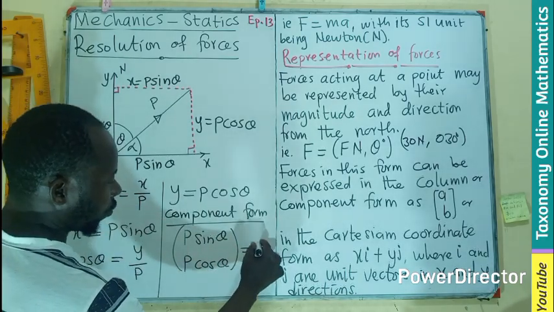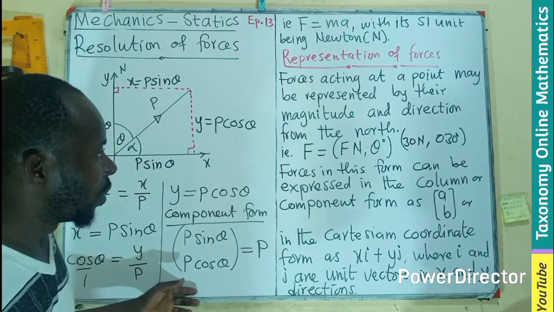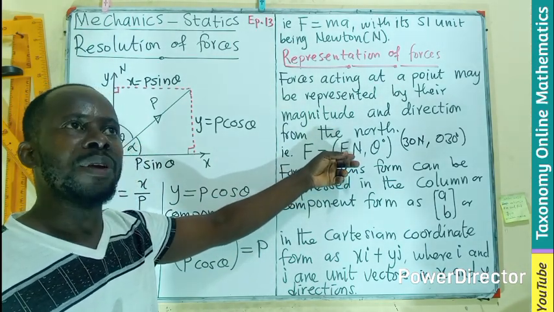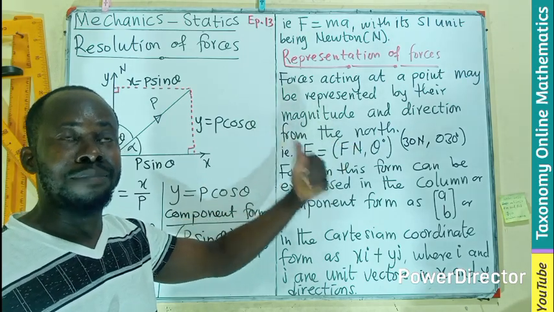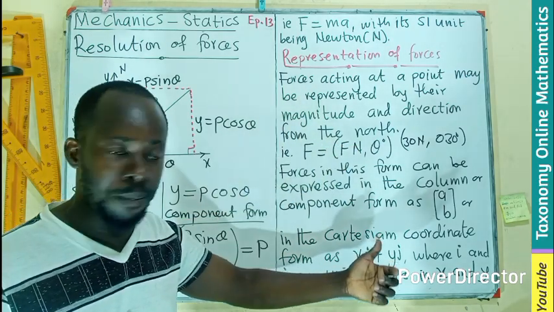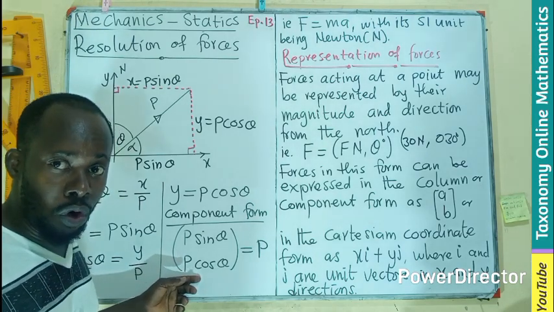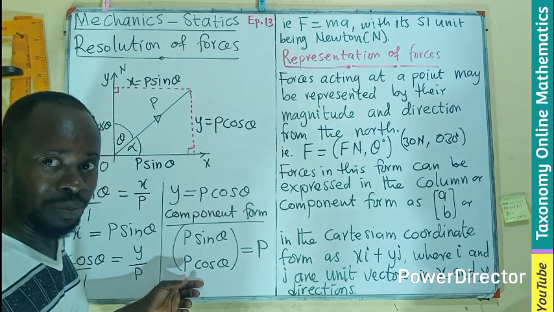And this equals the force that we are looking for. So this is the magnitude-direction form, or bearing form. This is the component form, or column vector form. This is how it will be.